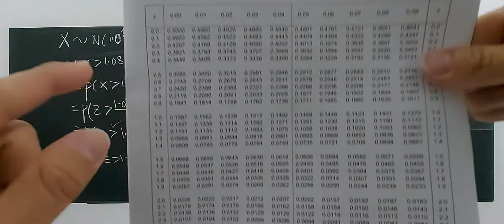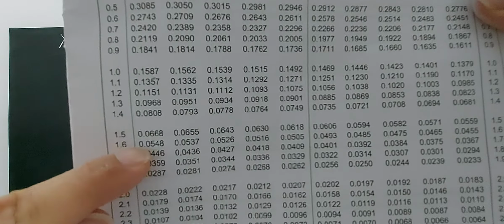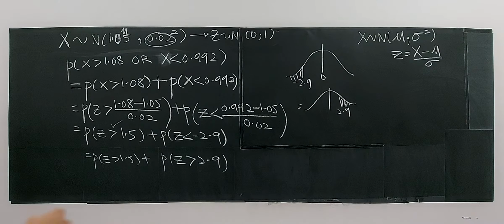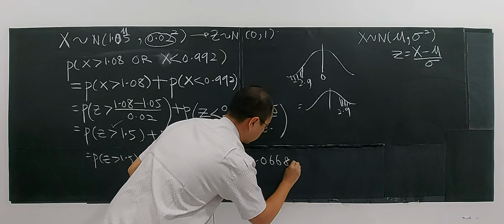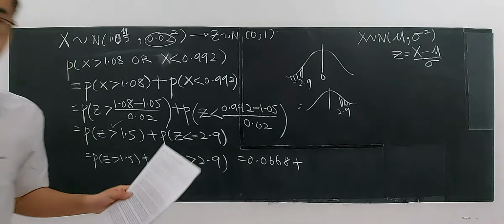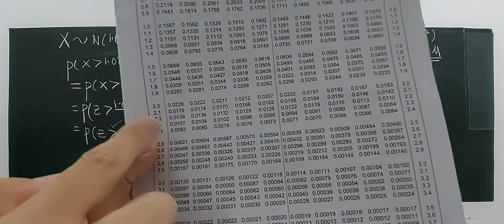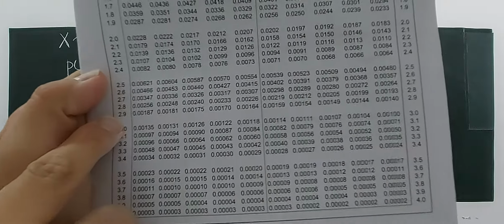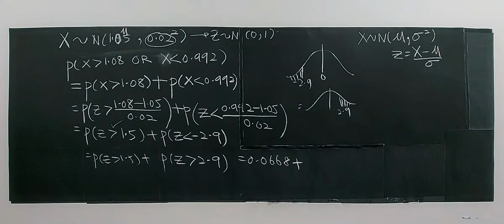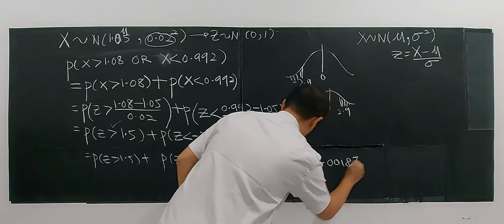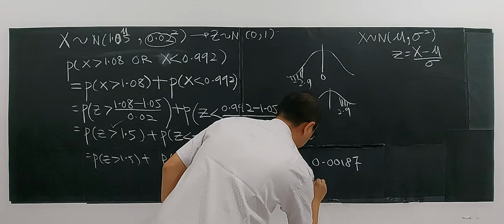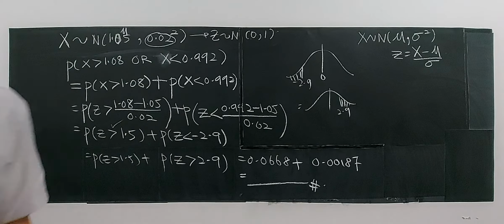For 1.5 it is 0.0668, plus the probability of greater than 2.9, which is 0.00187. Total up these two to get the answer for this question.